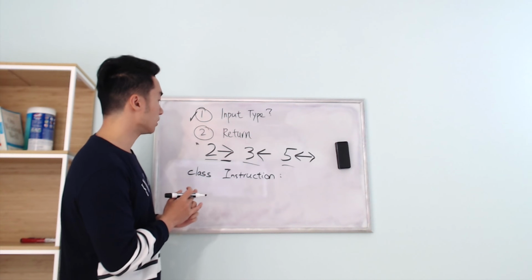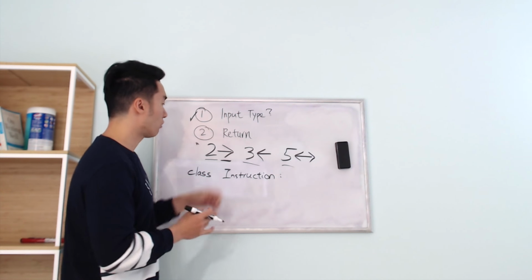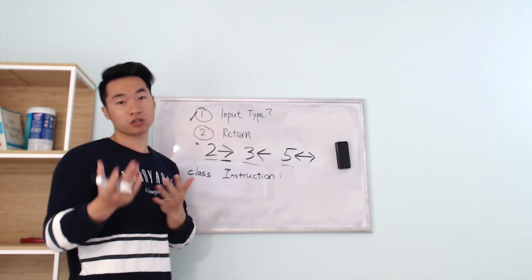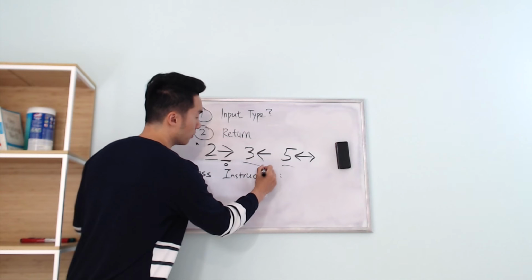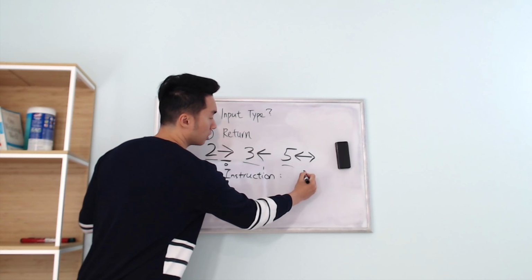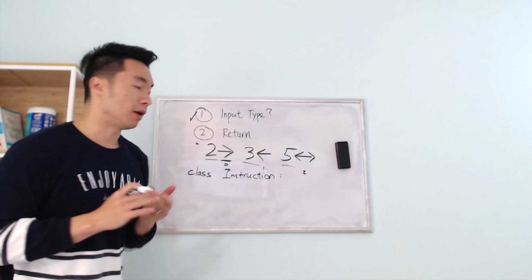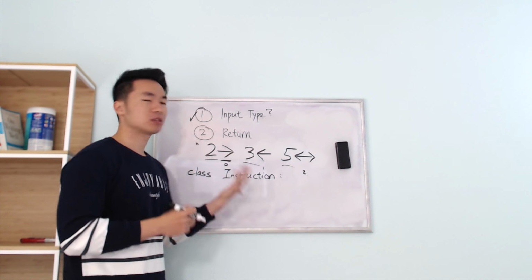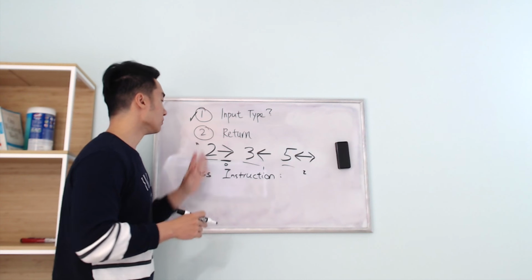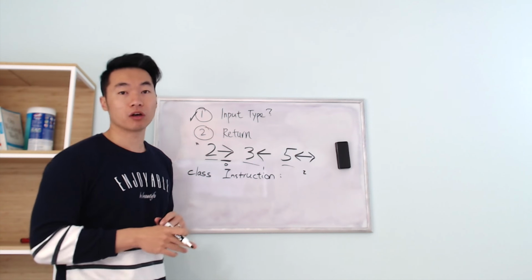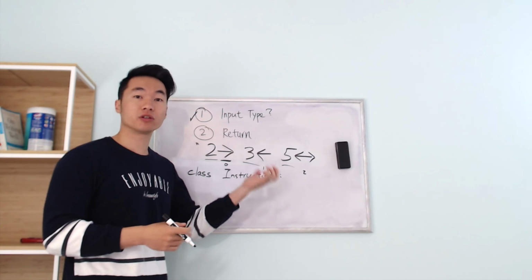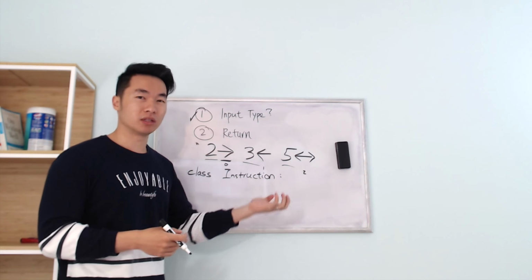So you can also say represent this as some sort of integer. Okay, so right could be a 0, left could be a 1, and then both directions could be a 2. Okay, great. Now, what's the problem with that? Now, the problem with that is when someone else comes onto the code and then they're trying to understand what you're doing, they won't really understand what it is, right?